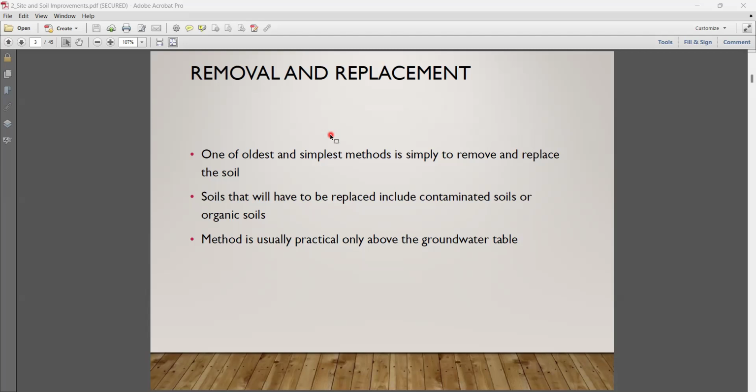Removal and replacement is one of the oldest site improvement or soil improvement methods. But this method is usually practical only above the groundwater table. Because if it's below the groundwater table, then we have problems with water, so it becomes a well.